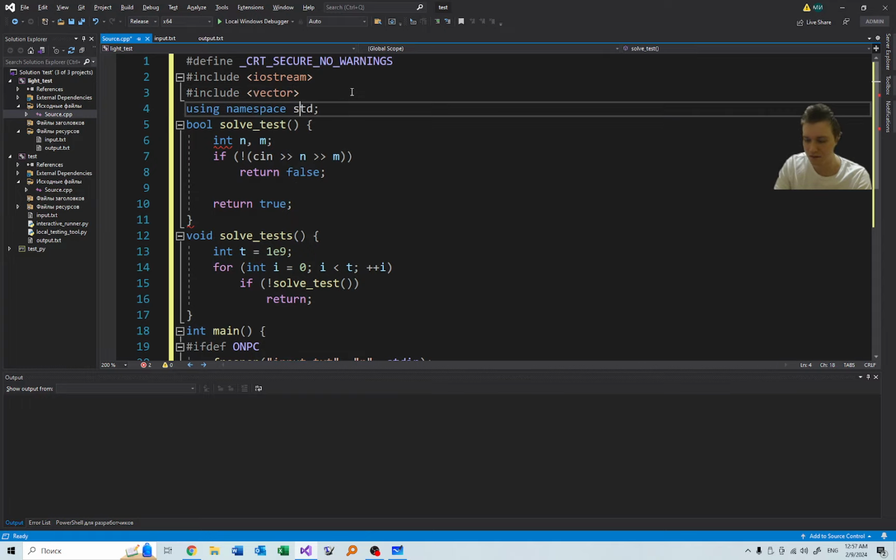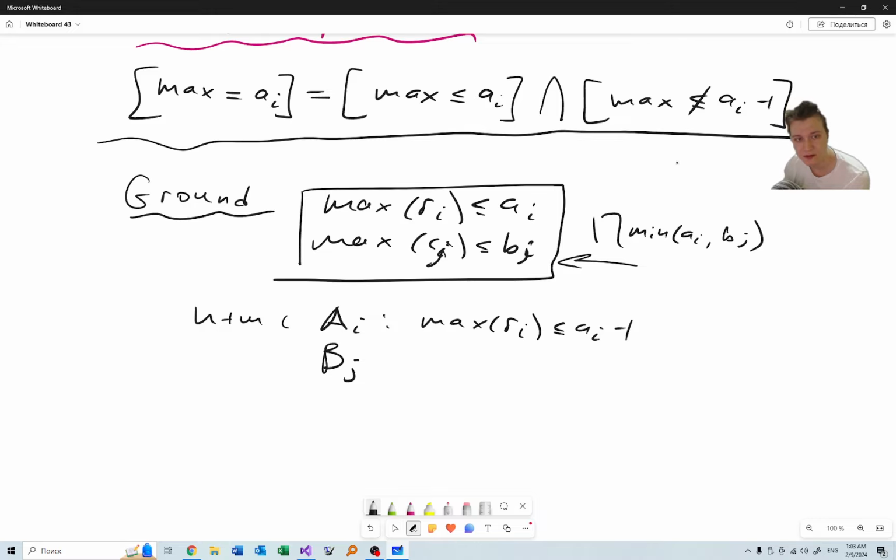Let's introduce n plus m more conditions, where A_i says that the maximum of row i is at most A_i minus 1, and also m conditions B_j such that the maximum in column j is at most B_j minus 1.